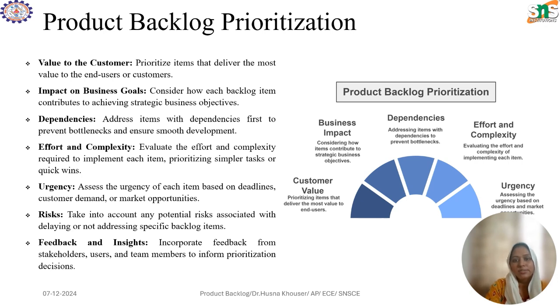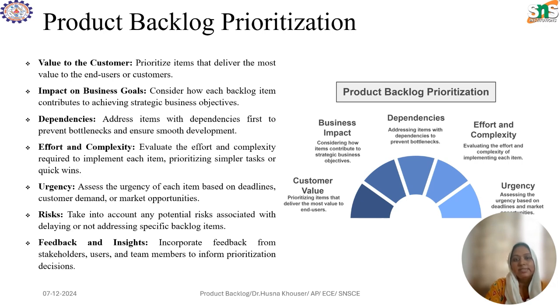First is customer value: delivering the features that your users want the most ensures that you are meeting their needs. Whatever features we deliver have to address the customer's pain points. Next is resource allocation. It helps your team focus their effort on high impact tasks and use time and resources effectively.